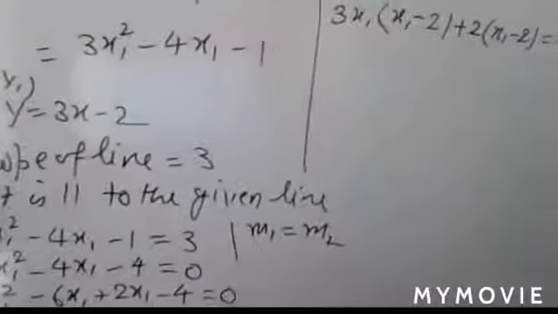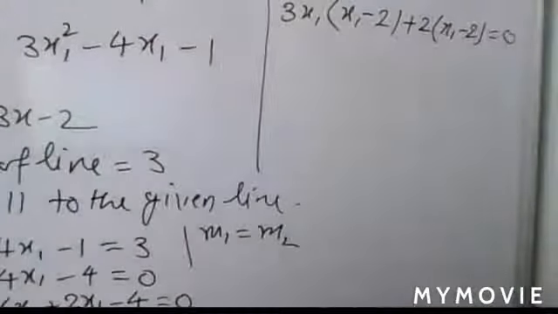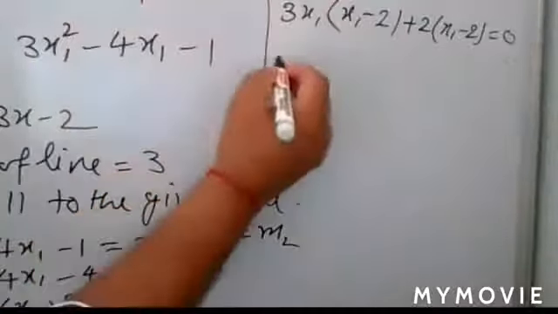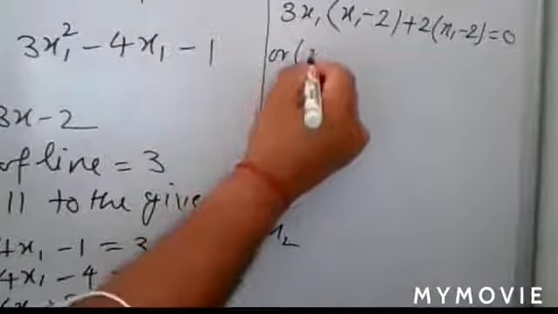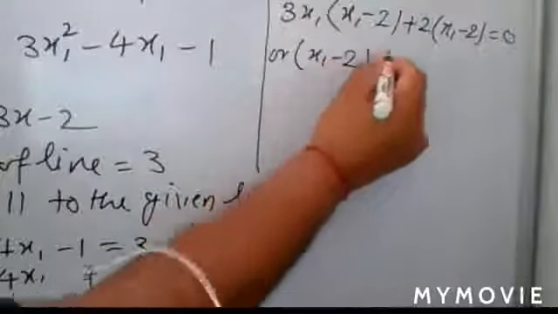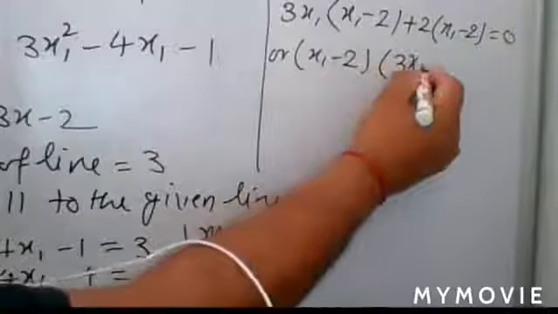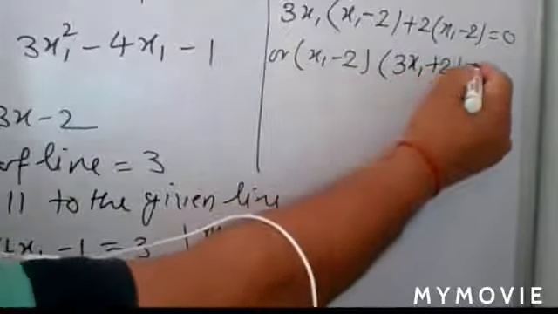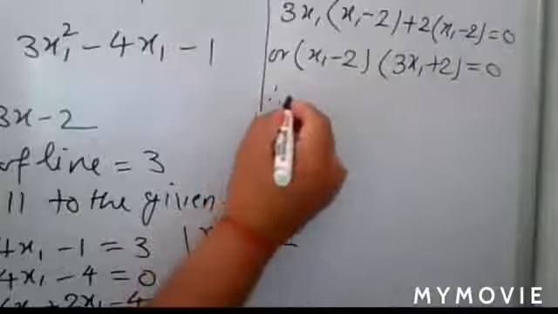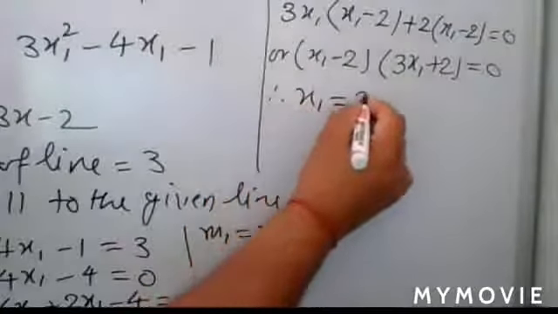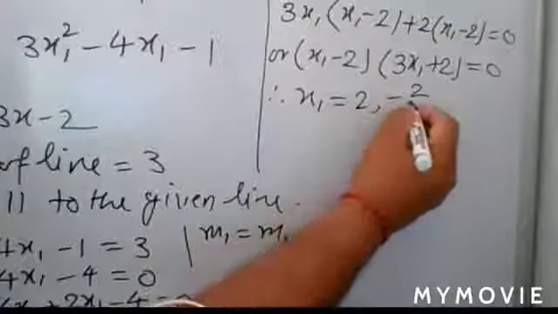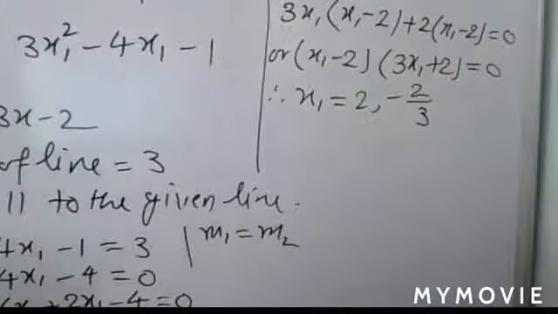So if you factorize, you have x1 minus 2 into 3x1 plus 2 is equal to 0. In this way, x1 is equal to 2 and minus 2 by 3. Note it.